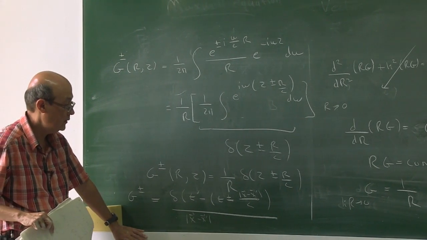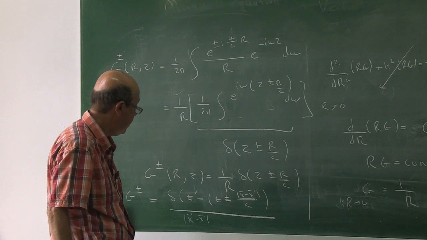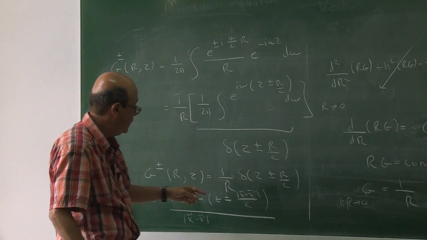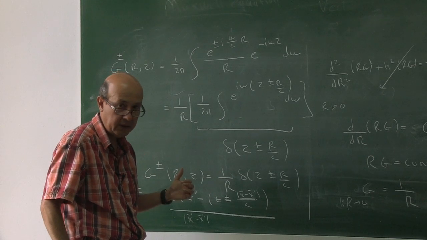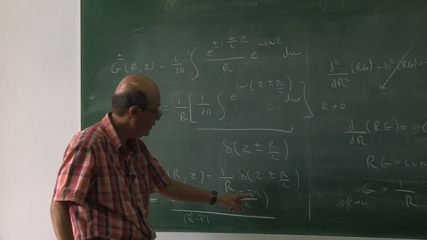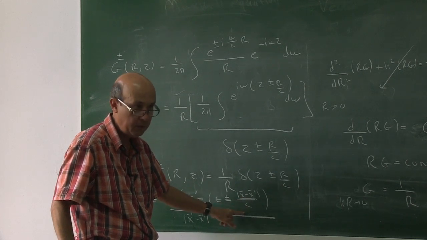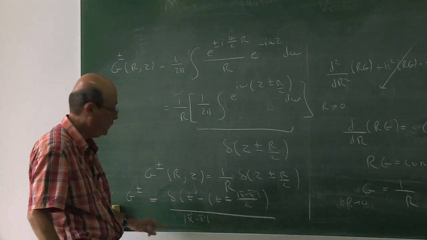What does it mean? So you have an event and you are observing later. And what is the time interval between the event and the observing point? x minus x prime over c. So what is the meaning of the plus?